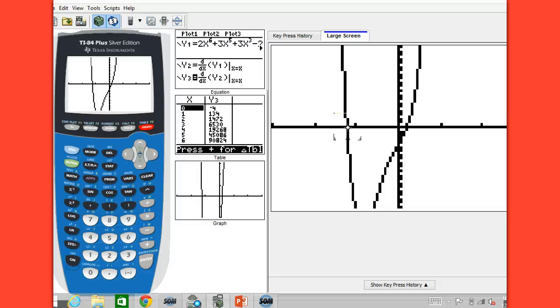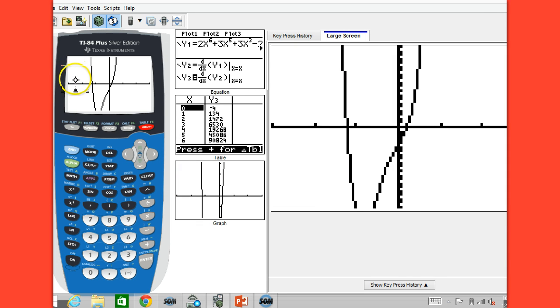And then from this point to this point, my graph is negative, so what does that mean about my original function? Concave upward or concave downward? Concave downward. And then from that point to infinity, my second derivative is positive again, so my original function would have been concave upward. So that would give me my intervals of concavity if I just knew what those two values were. So how do I find those two x-intercepts?